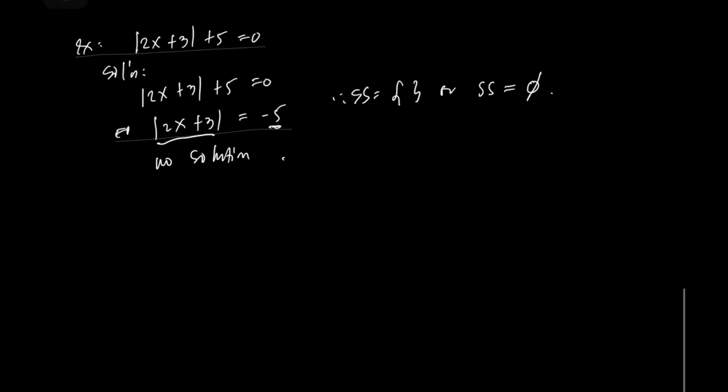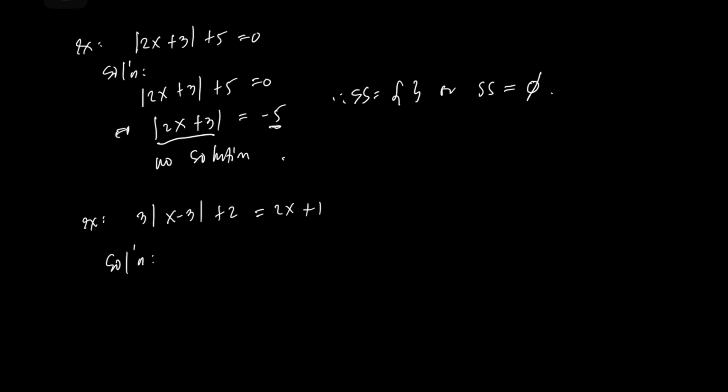Okay, another example. 3 times absolute value of x minus 3 plus 2 equals 2x plus 1. So in this case, guys, we have plus 2 outside of the absolute value and 3 outside of the absolute value. So we will transfer those to the other side by again applying the addition property of equality and the multiplication property of equality.